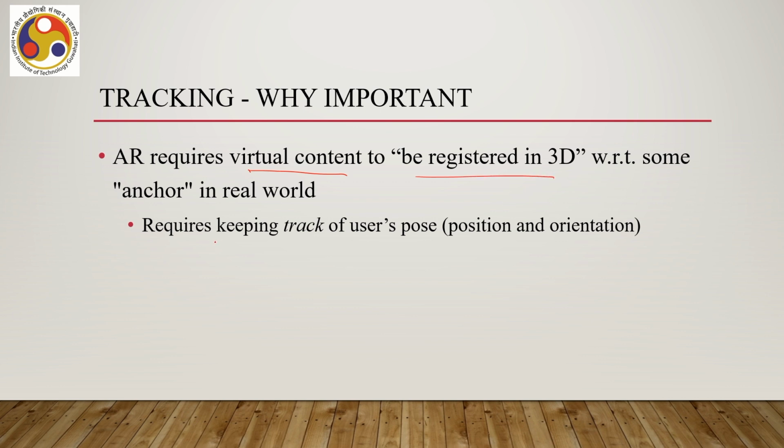In other words, it requires keeping track of users' pose, position and orientation, and also track of some objects that are part of real world, objects that are moving and are part of real world. So, in VR our primary concern is to track input, track users, whereas in AR concern can be tracking user as well as tracking part of real world.